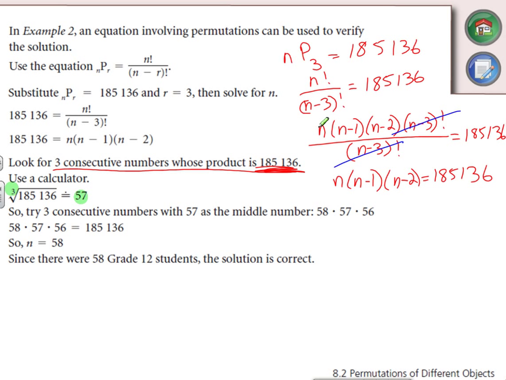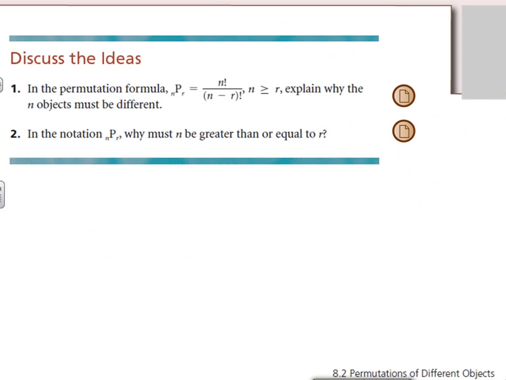So we'll try it out and see if that middle number is at 57-ish. Let's put that in the middle number and see if it works. 58, 57, 56. Yep, that does work. So then that tells us that we would have 58 for the n. 1 less, 57, 1 less, 56. So my n is 58. It's going to help with your guess and check a lot more.